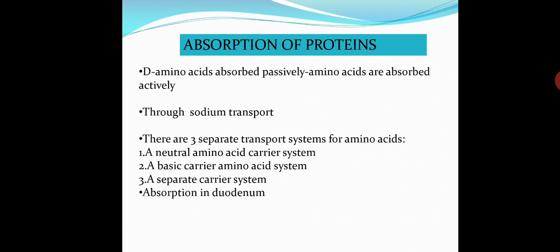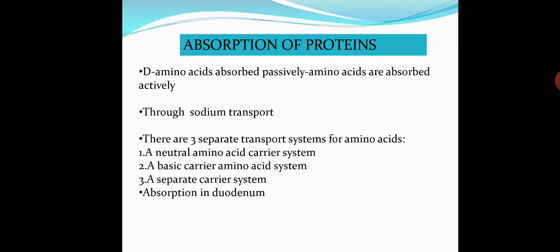There are three separate transport systems for amino acid absorption. First one is the neutral amino acid carrier system in the brush border that transports neutral amino acids. It is sodium dependent. Second one is the basic amino acid carrier system, also in the brush border, that transports basic amino acids, which is sodium independent.